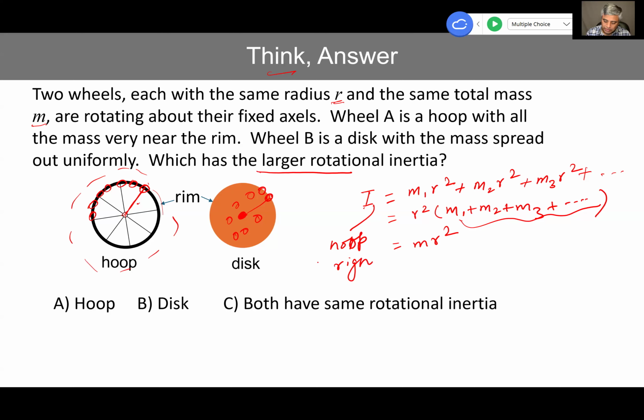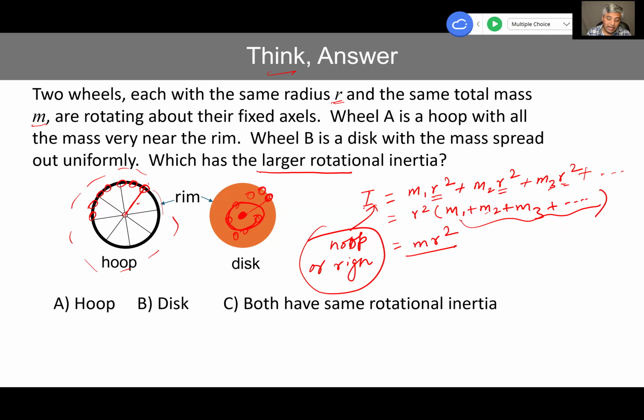Okay. So that's the rotational inertia, mr squared. How about a disk? So a disk has a smaller one because these masses are not at the same distance for all of them. The ones that are there are at a smaller distance. The ones that are there have zero.